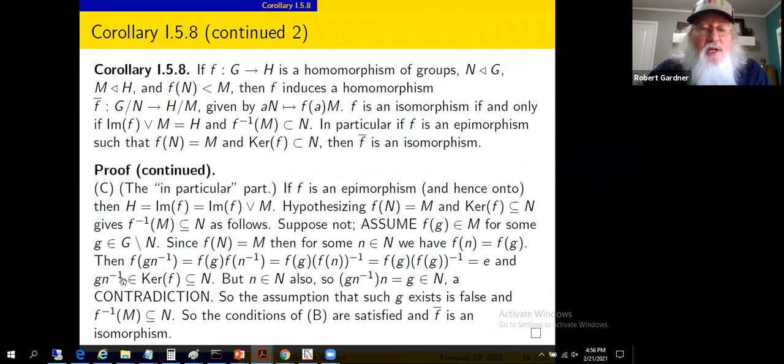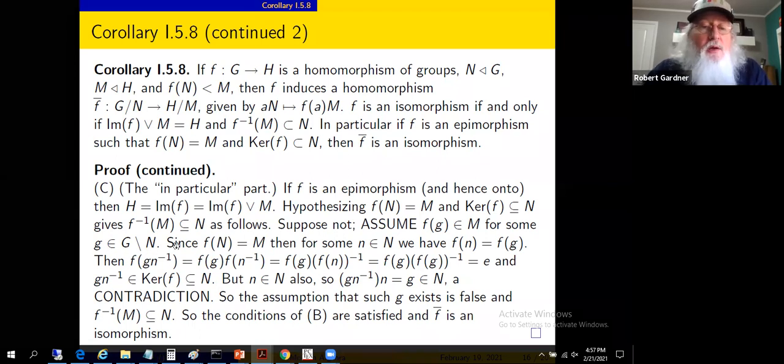So we can take g n inverse and multiply that element by lowercase n. g n inverse is in N. Lowercase n itself is in N. So the product is in N. g n inverse times lowercase n: the n's cancel, leaving us with g. And this shows that g is in capital N. So g itself is in capital N. Contradiction. g was chosen outside of capital N, somewhere else in G.